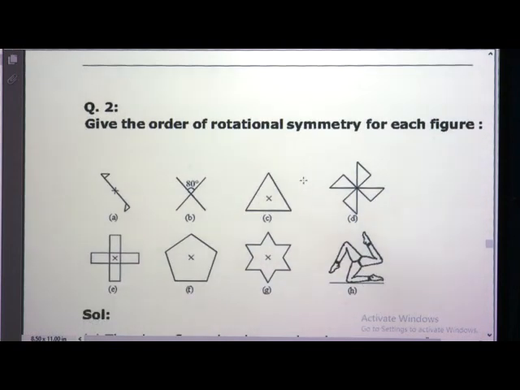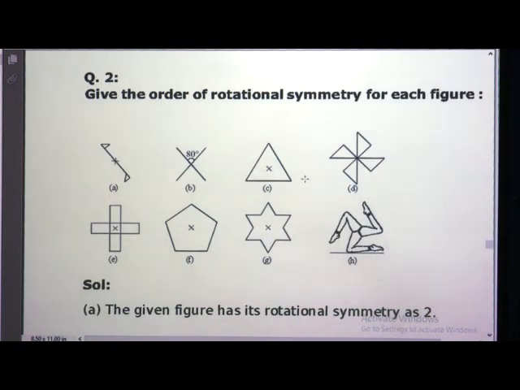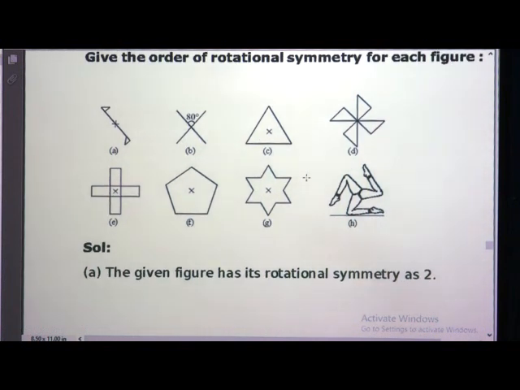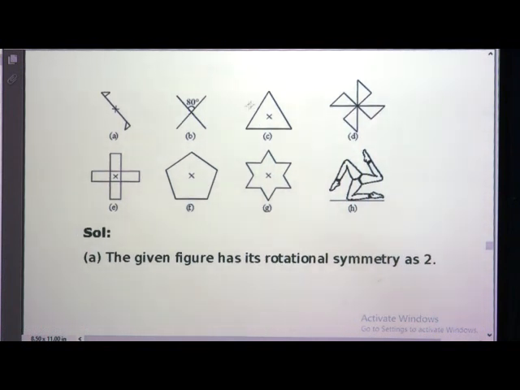Now, we are given the order of rotational symmetry of each figure. They have given the order of rotation, and here for some we have to draw it with a dotted line. Here the given figure has its rotational symmetry as 2. Why? Because it rotates from the center of the given figure.